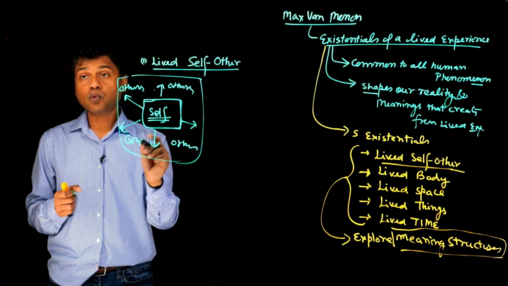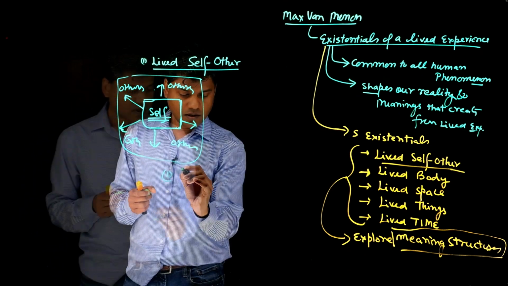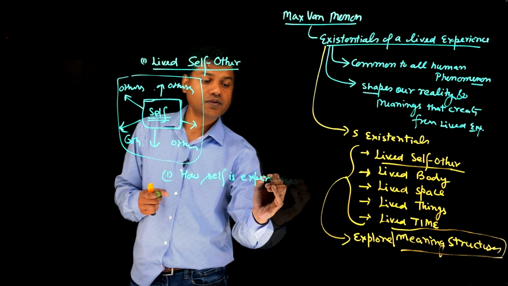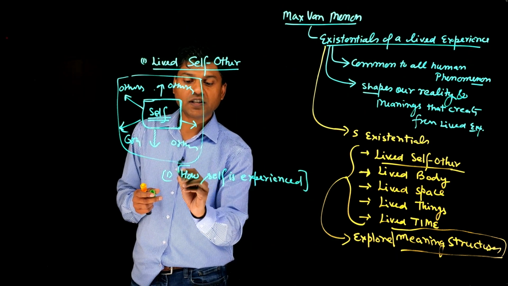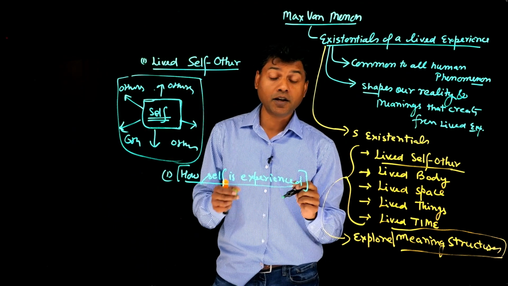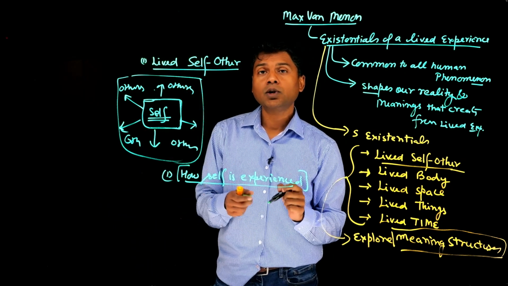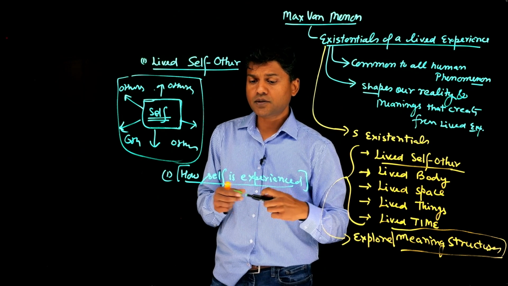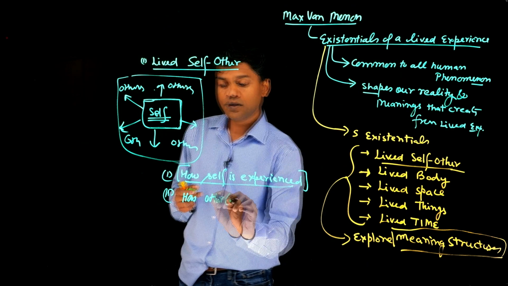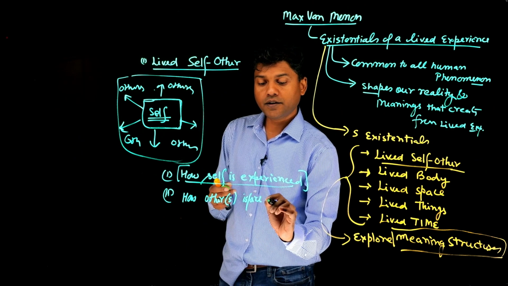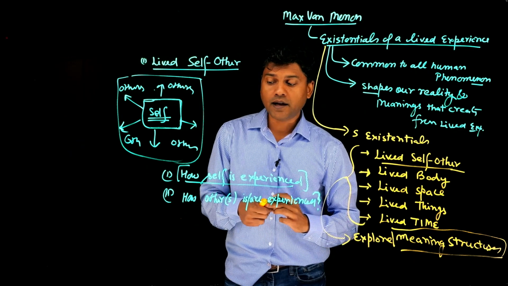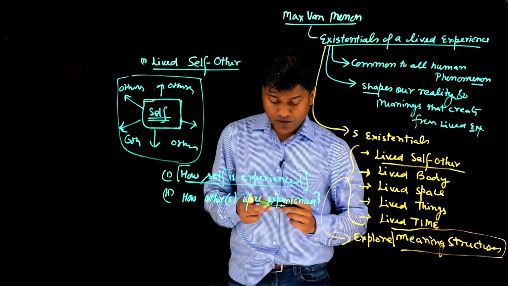So there are two questions we are exploring here: how self is experienced related to the phenomenon that I am investigating, and how other or others are experienced, again related to the phenomenon that we are investigating.